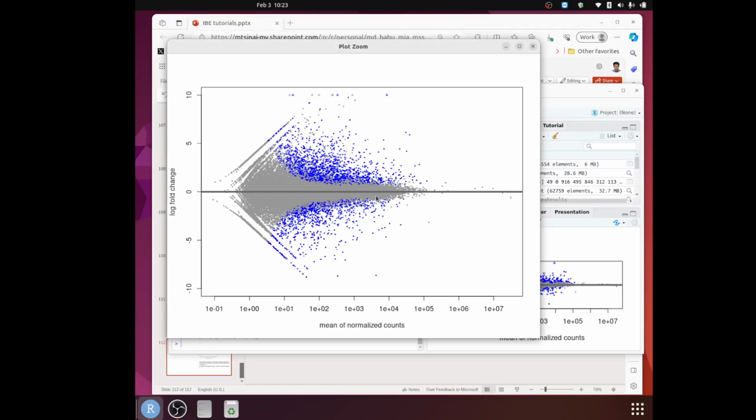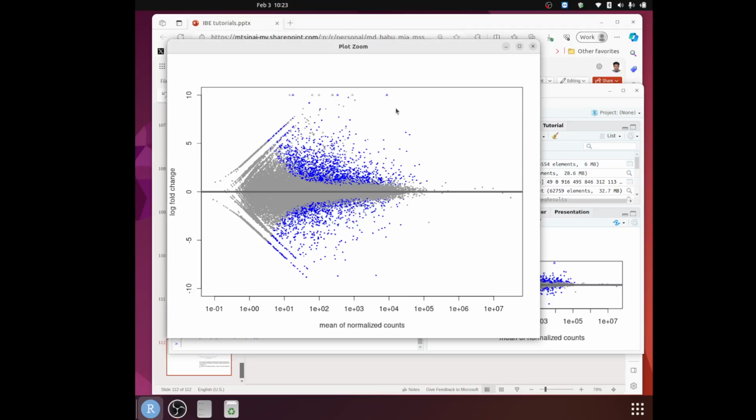compared to the control. Now, what is the importance of the mean normalized counts in the context of log two fold change? The importance of mean of normalized counts is looking at the overall expression of your gene. If the gene is highly upregulated, but their mean of normalized count or their overall expression is very low, that probably has less significance.